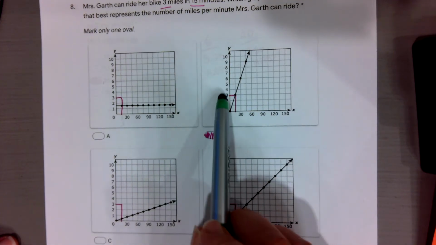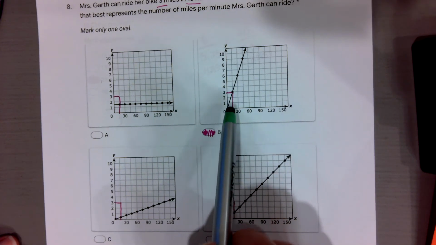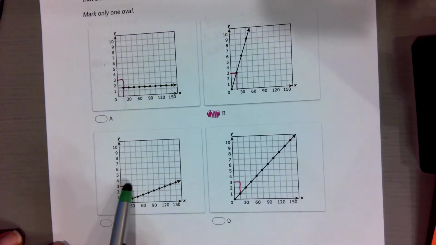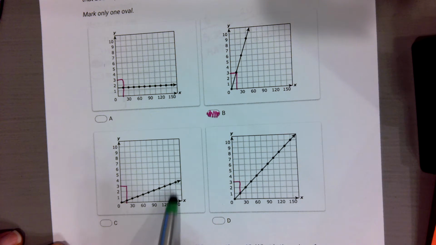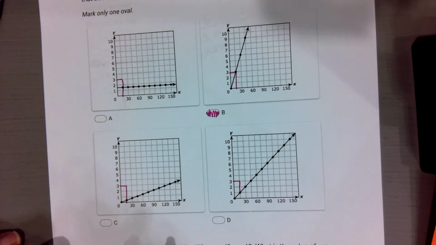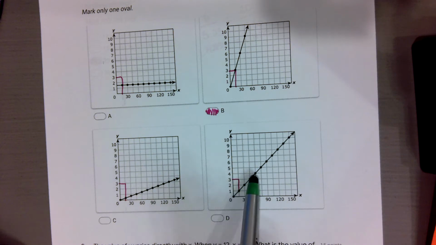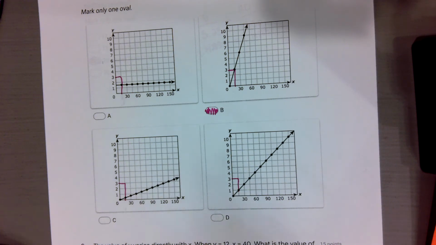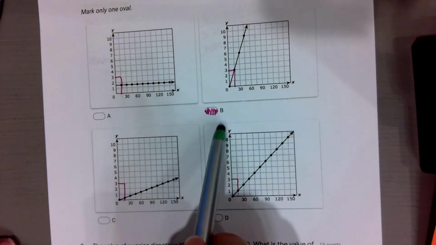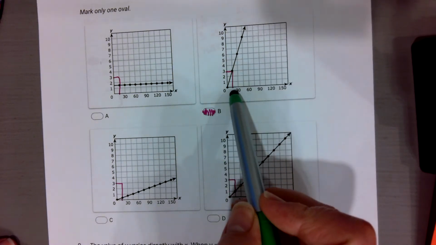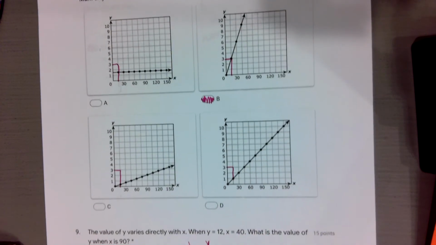And then I have 3 miles in 15 minutes, so that was B. 3 miles is over here. And then right here, 3 miles, that's not going to work there either. So you should have chosen B, 3 miles, 15 minutes.